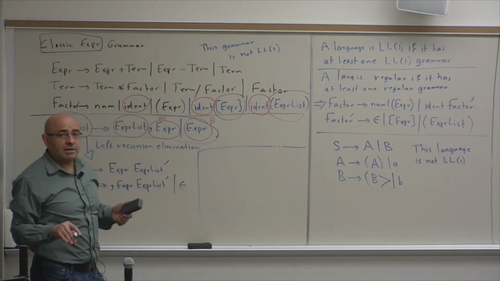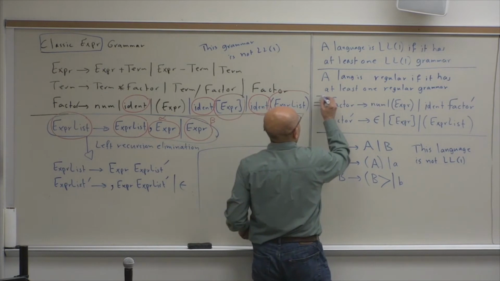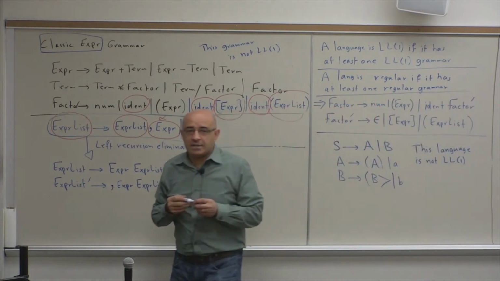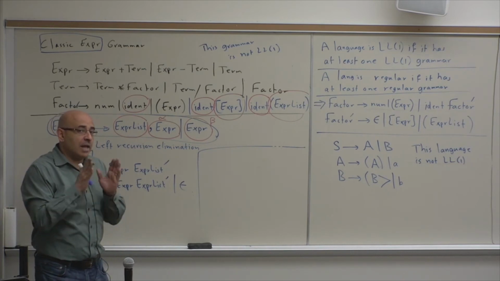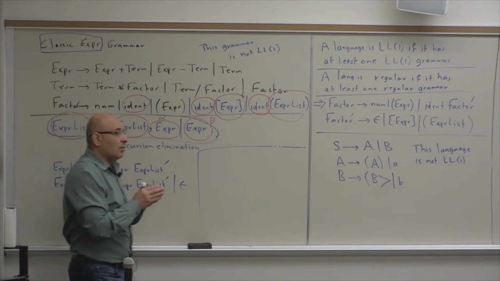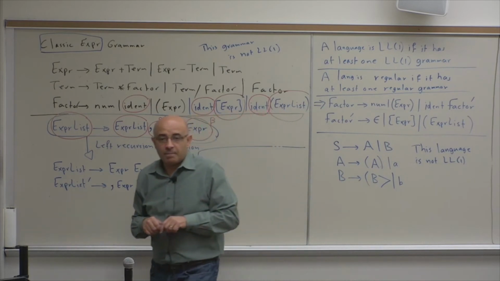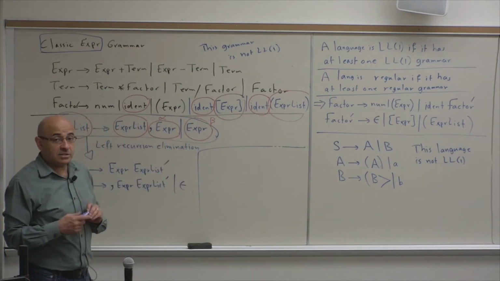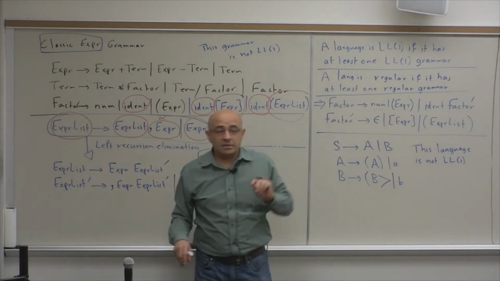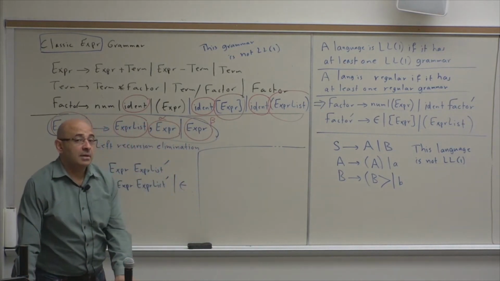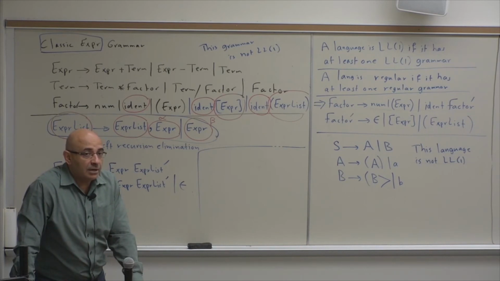And an LL1 language can have many grammars that are not LL1. So the concept here is the distinction between the property of a language, whether a language has the LL1 property or not, and the concept of whether a grammar is LL1 or not. Okay, any questions on this? These subtleties are important in this course. This is a theory course, and such subtleties are important. Any questions?